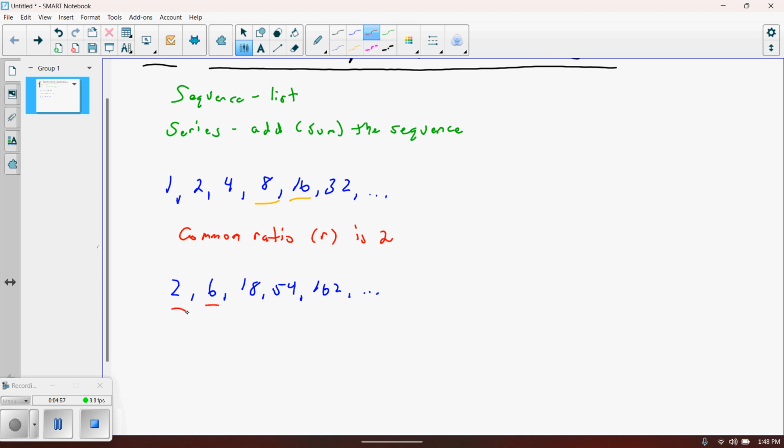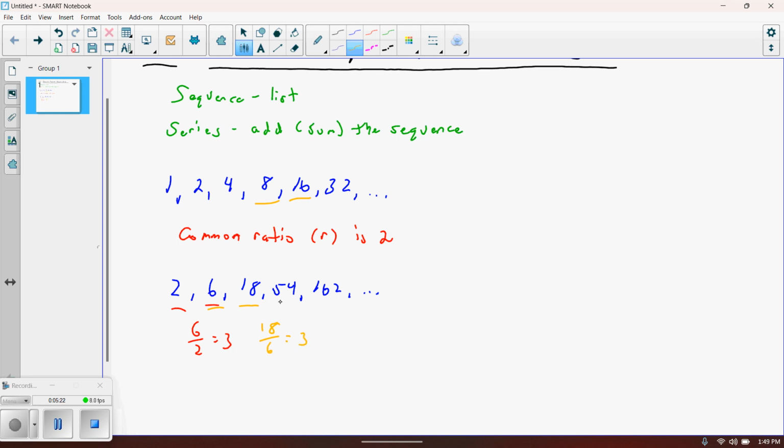If we take 6 and divide it by 2, we get 3. Take the next set of consecutive terms, 6 and 18, so 18 divided by 6. And it's always the furthest term, the term with the greatest a sub value, like a sub 3 divided by a sub 2. You would divide it.